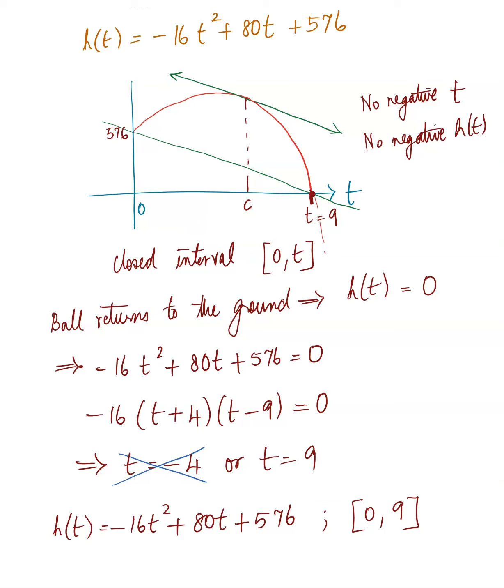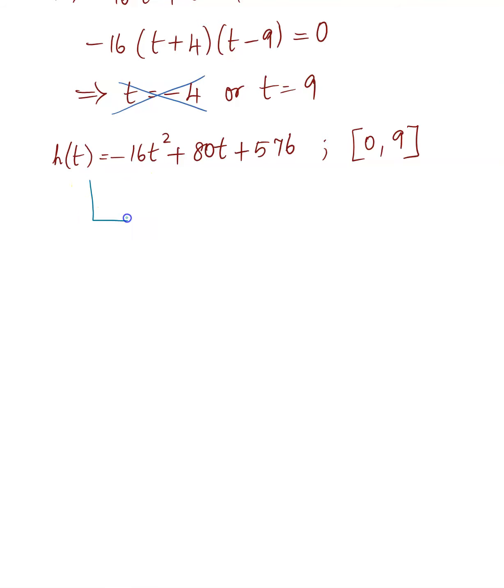Let me write that here. The secant line is known as the average velocity, and the tangent line is known as the instantaneous velocity at C. You can say that this is continuous and it's differentiable on the open interval 0 to 9, the interior of 0 to 9.